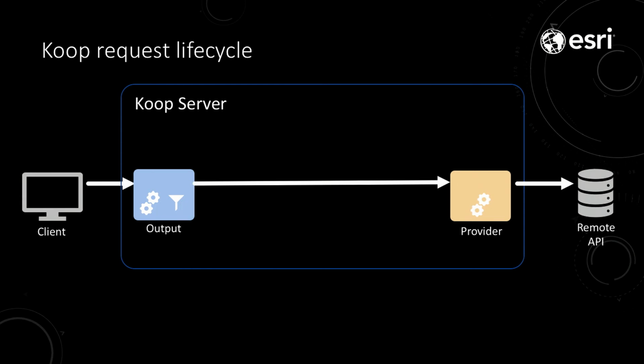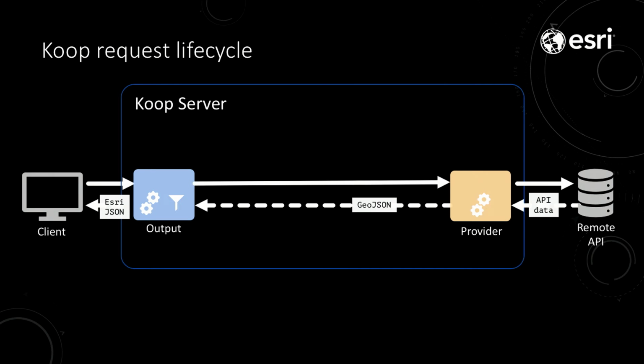The output plugin then asks the provider to get data, and the provider reaches out to the remote API. The remote API sends back the data, and the provider's responsibility is to turn that into GeoJSON.